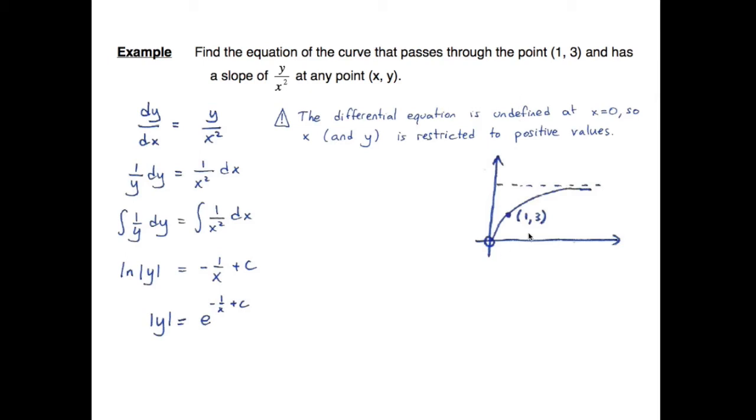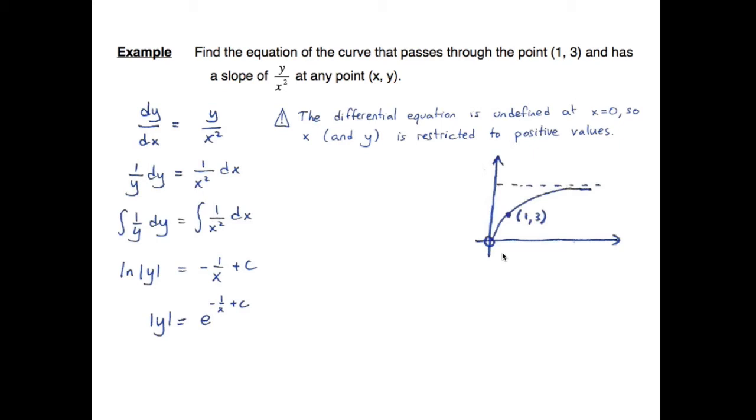Our y is positive, y equals 3 in our particular solutions, so because of this hole we don't cross to the other side. We may feel that there is a logical continuation here. The curve is going to go like this maybe, or the curve might be going like that, but when we work with differential equations we absolutely have to stop when there's a hole or when there's an asymptote. So the solution to a differential equation like that is always a continuous function.